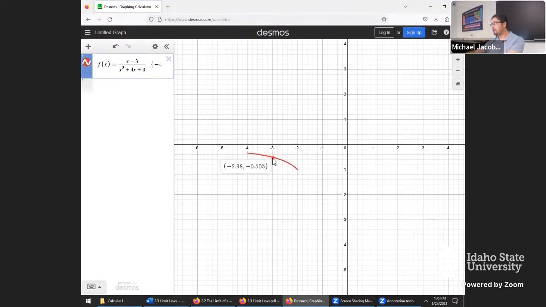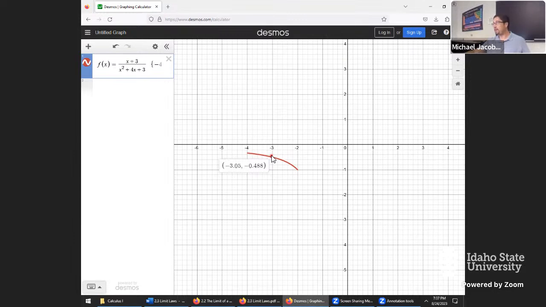Right around -3, notice if I stop right here, it's truly undefined right there at -3. I wish that technology would put an open circle right there just to convey there's something undefined. But the way they plot, they're connecting the dots. If I lift the mouse, it shows the connected dots. So that graph is a little bit misleading. But take a look as we get close to -3 from the left.